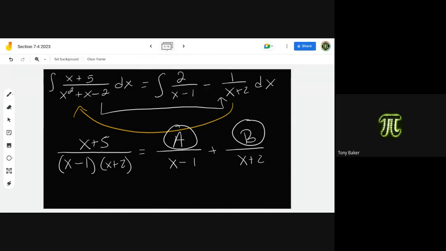So we basically have x plus 5 equals A times x plus 2 plus B times x minus 1. Right? The top's got to equal basically that. Correct or no? Everybody got how I went to there?